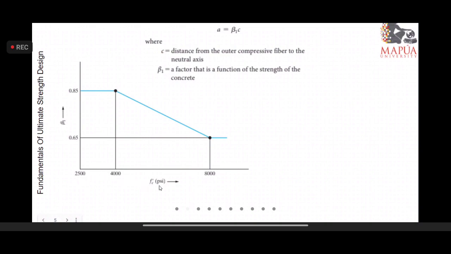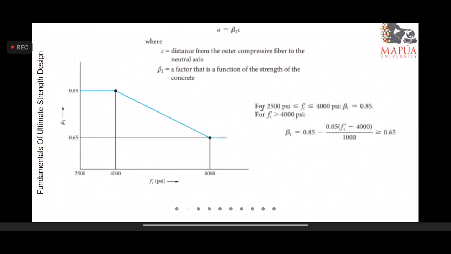2,500 to 4,000 psi Fc prime, equal to 0.85 as constant. If the magnitude of the Fc prime goes beyond 4,000, it will be less than 0.85, until such time it reaches 8,000 psi for the compressive strength, where beta sub 1 will be equal to 0.65.